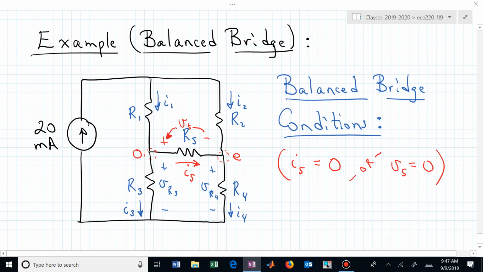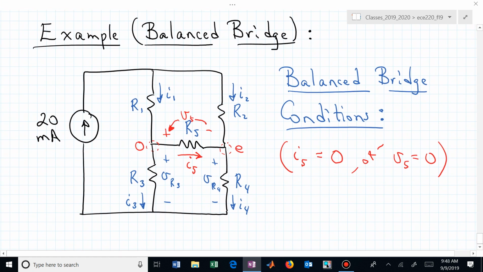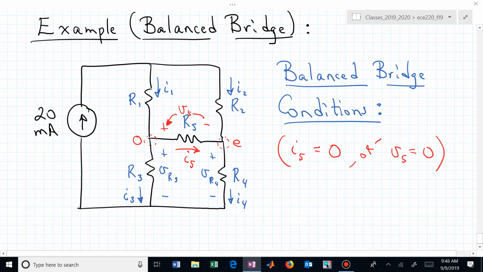If that voltage drop is 0, what if I did a KVL around the top? Would it be R1 I1 plus V5 minus R2 I2 equaling 0?